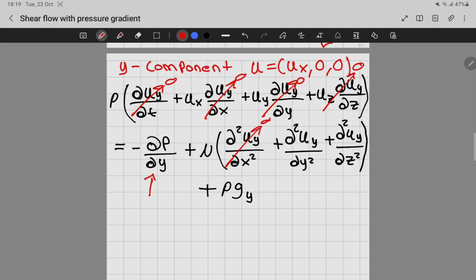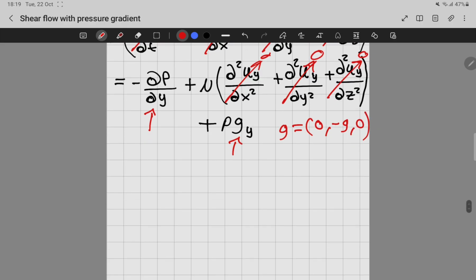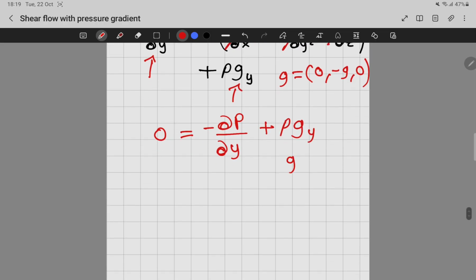uy is 0, so all those terms are 0. But this term is not 0 because the gravity is acting in y direction. So we have this equation, and gy is actually minus g.